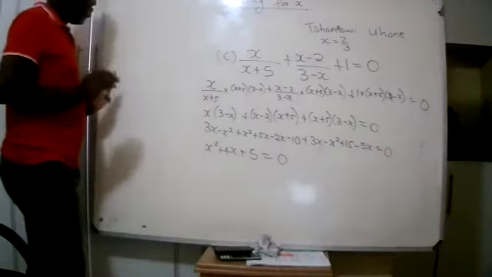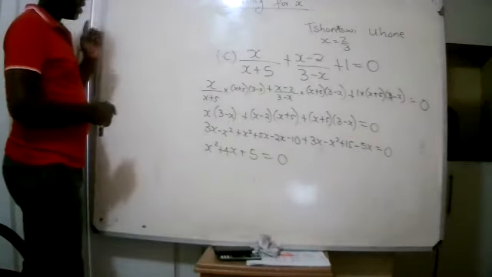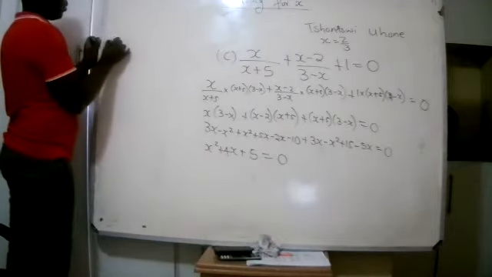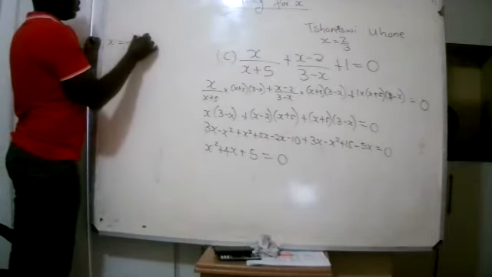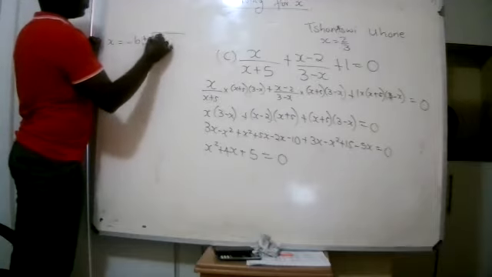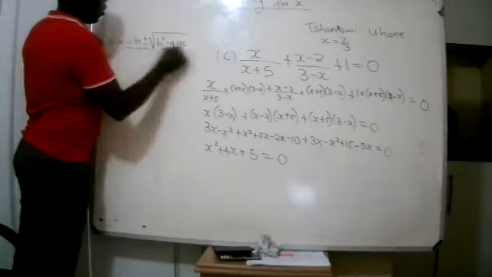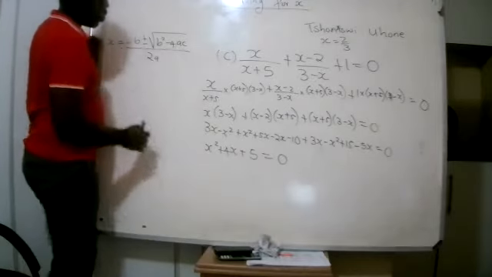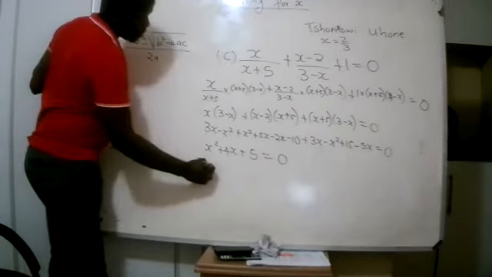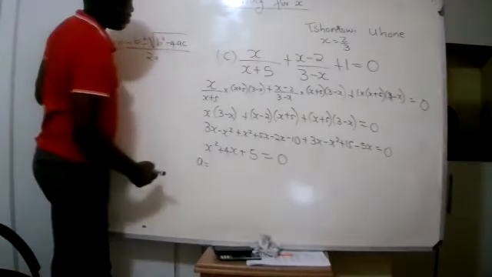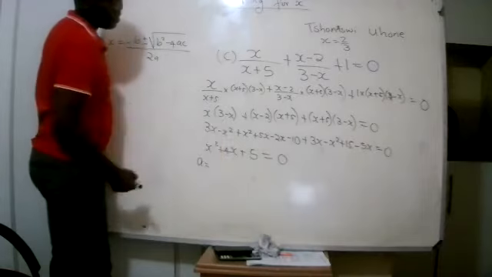So it means there's no other way we can deal with that except by using the quadratic formula: x equal to negative b plus or minus root of b squared minus 4ac, all divided by 2a. Where a in this case will be equal to... Can any one of you tell me what is the value of a from here?